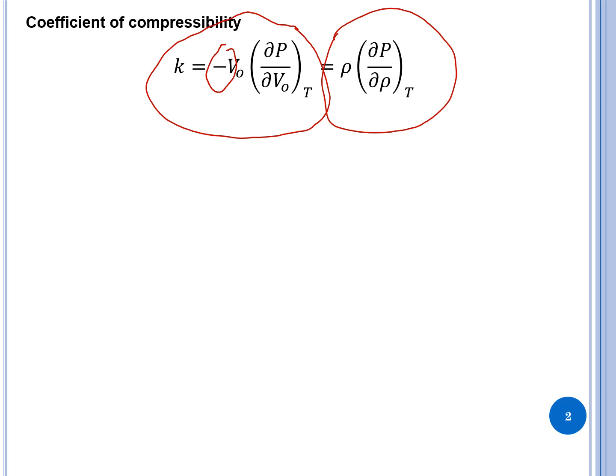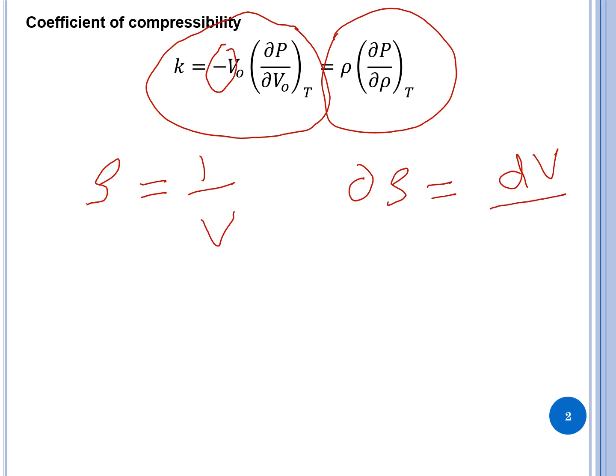We all know that density is 1 over V. So if you take the differential of density, what it becomes, d rho is equal to negative dV over V squared.